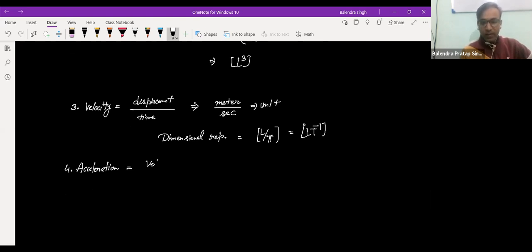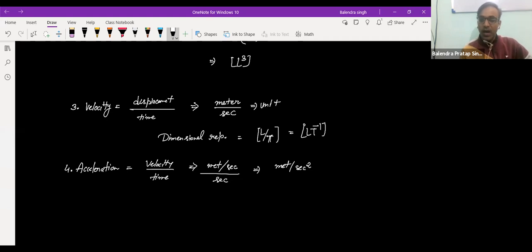The unit of velocity is meter per second, and again per time. So the unit for acceleration is meter per second square.